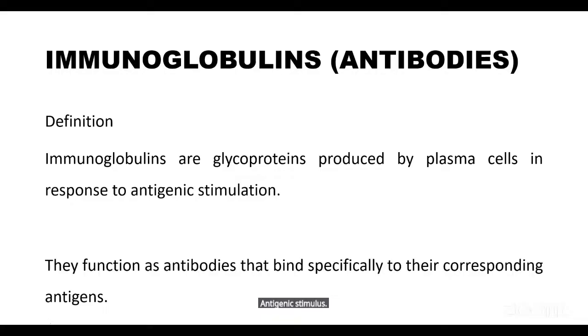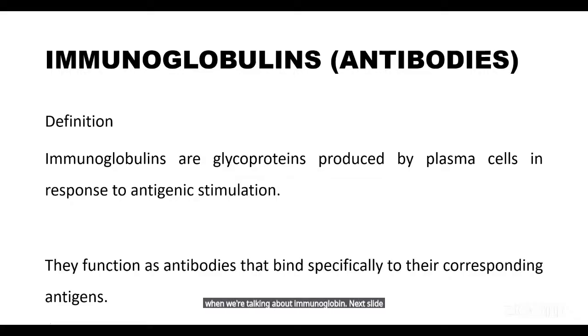But the antibodies that are produced are specific to a corresponding antigen. For instance, let's talk about blood group: antigen A will produce anti-A's corresponding antibody, anti-B. It's just the same way when we are talking about immunoglobulin.